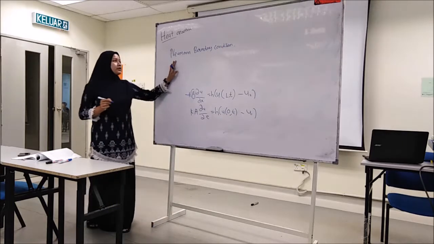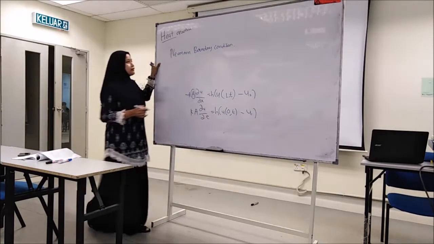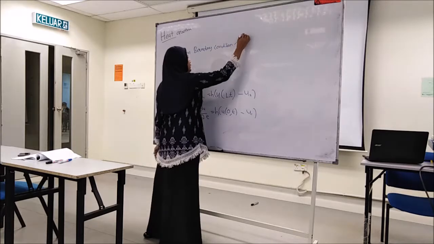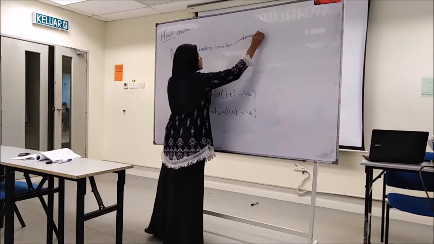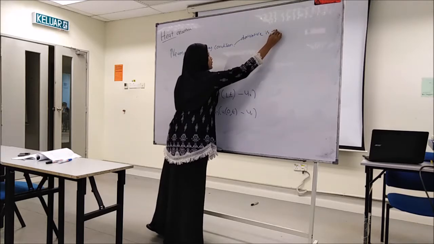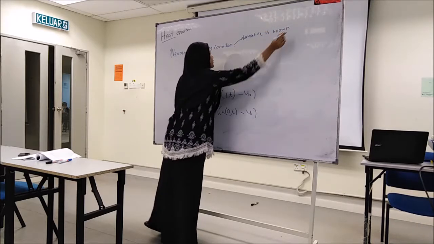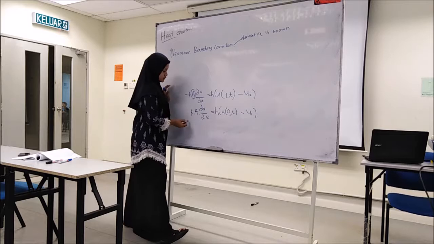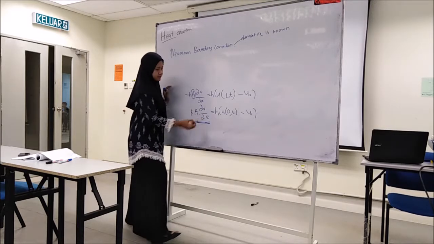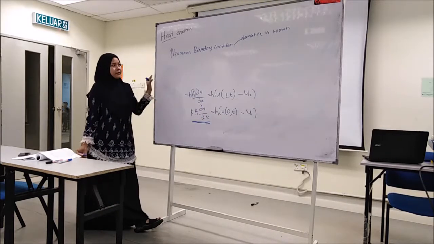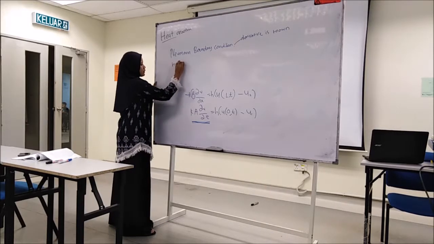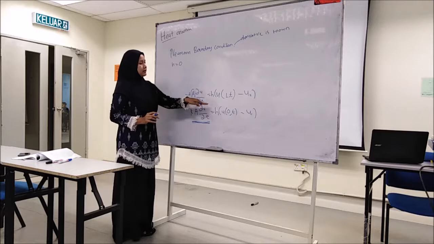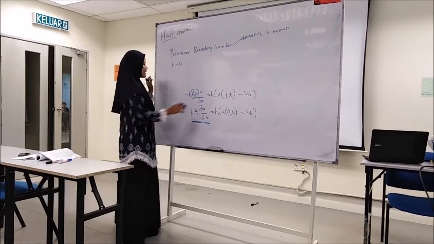Okay, the Neumann boundary condition says that we can use this when we know the derivative. In our case, the derivative is the heat flux. So, for example, if we are given the heat flux equal to 0, we can solve this equation.